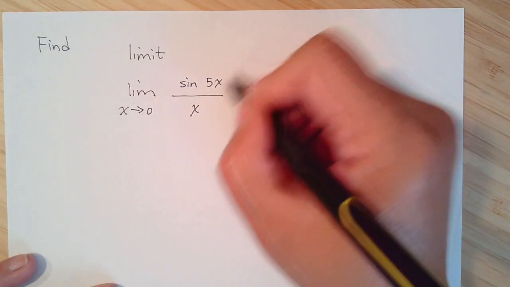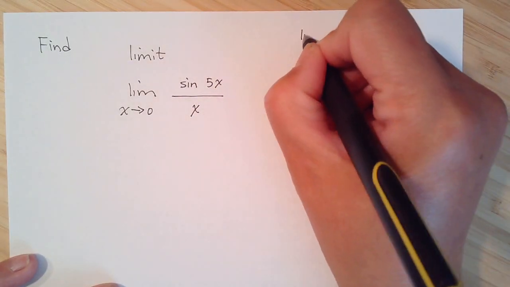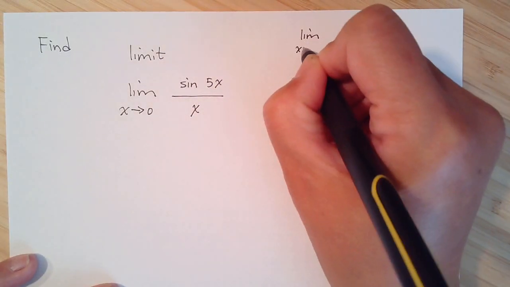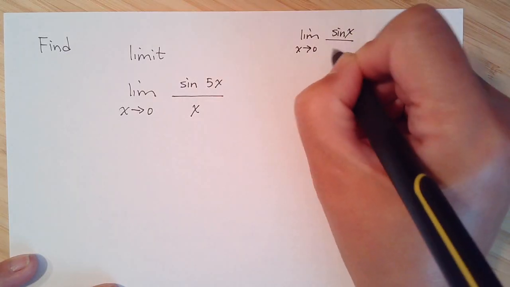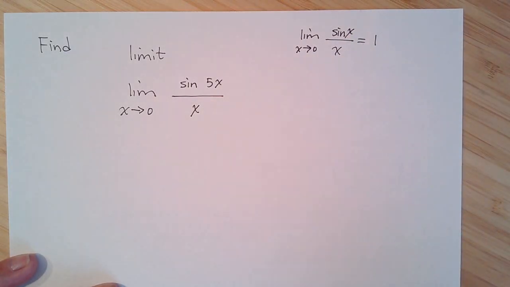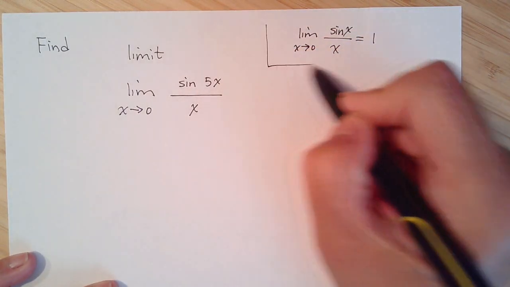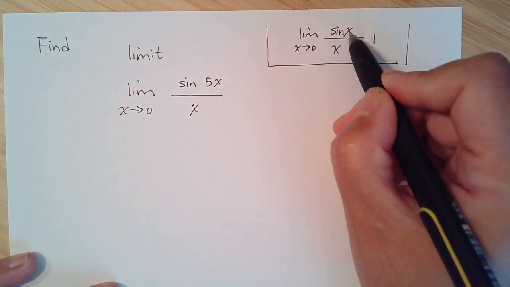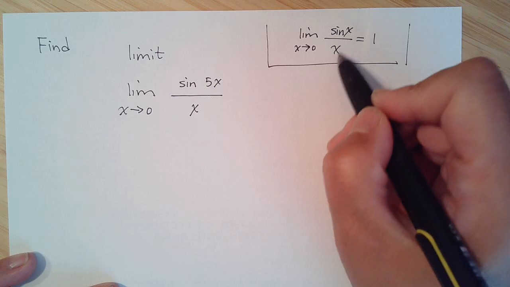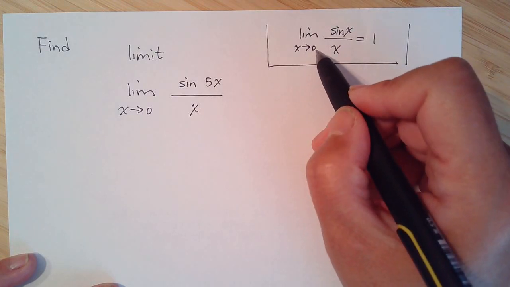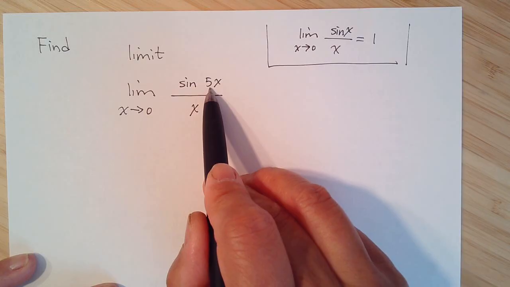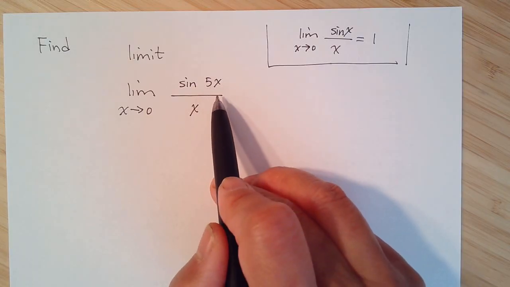My limit looks just like something we did: the limit as x approaches 0 of sine x over x equals 1, right? But when you have this theorem, the sine of this angle has to be divided by that same angle. Here it says x approaches 0, but now I have a 5x. What should I do then?